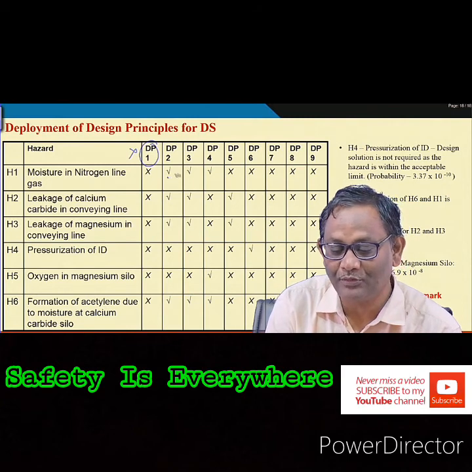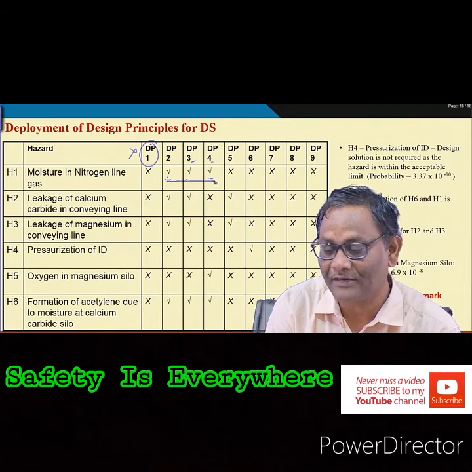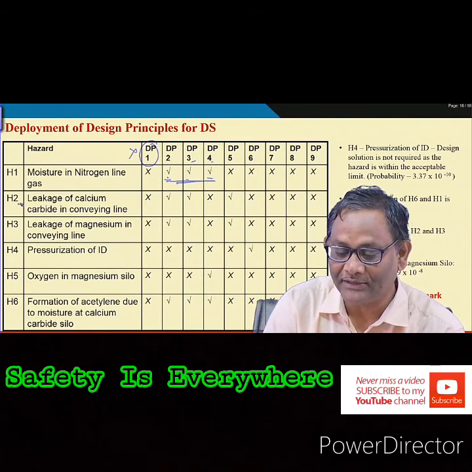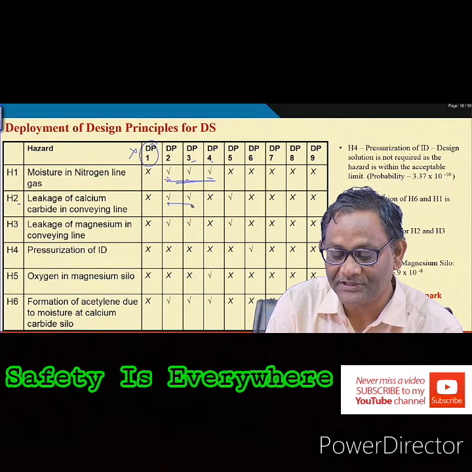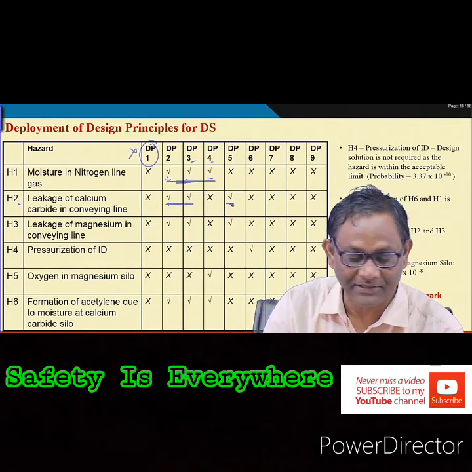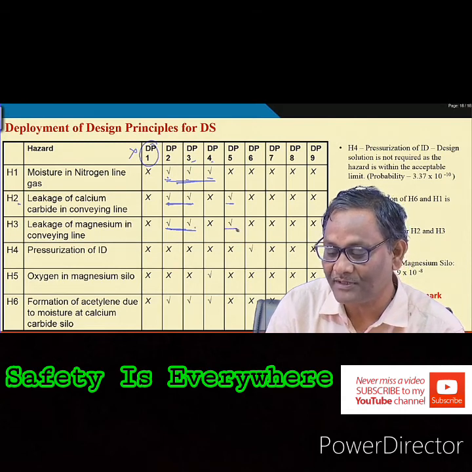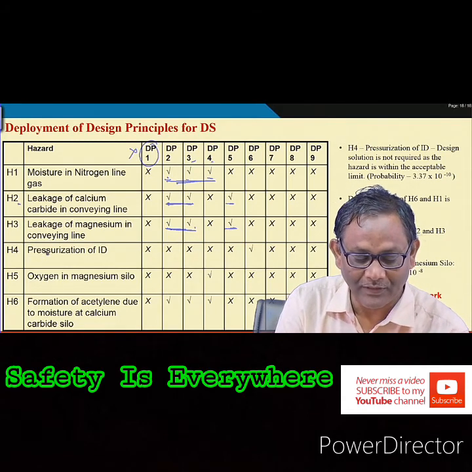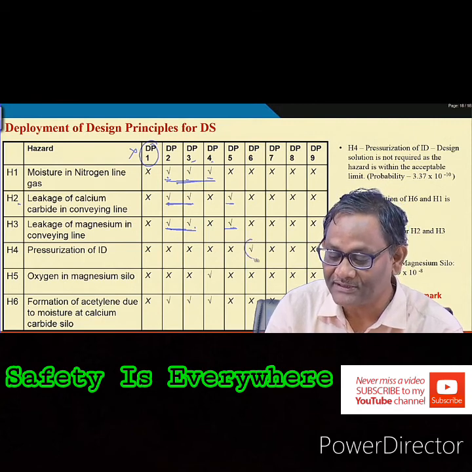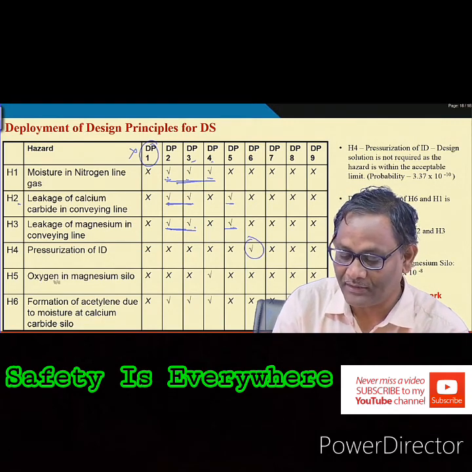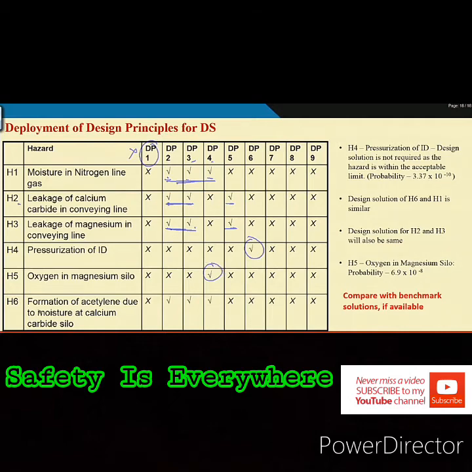But for the first one, DP2, DP3 and DP4, principles 2, 3 and 4 are applicable. For the second one, principles 2, 3 and 5 are applicable. For the third one, P2, P3 as well as P5. For the fourth one, only DP6 is applicable. For the fifth one, DP4 is possible. For the sixth one, H6, P2 and P3 are possible.